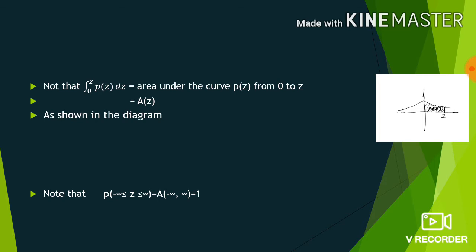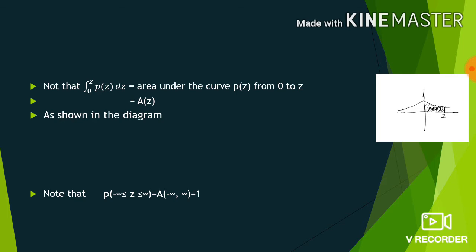Now, what is the integral from minus infinity to infinity of p of z dz? It is the area under the curve from minus infinity to infinity. From the probability density function, the integral from minus infinity to infinity of p of z dz is equal to 1.